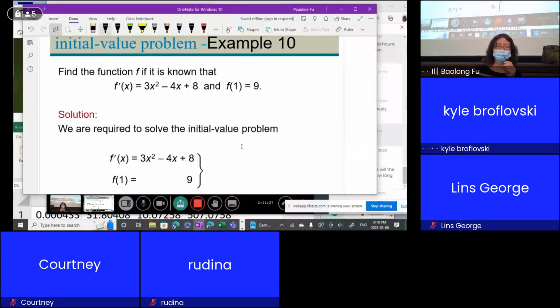Find the function f such that f derivative equal to 3x squared minus 4x plus 8. When x equal to 1, f equal to 9. This is the meaning: when x equal to 1, f equal to 9.